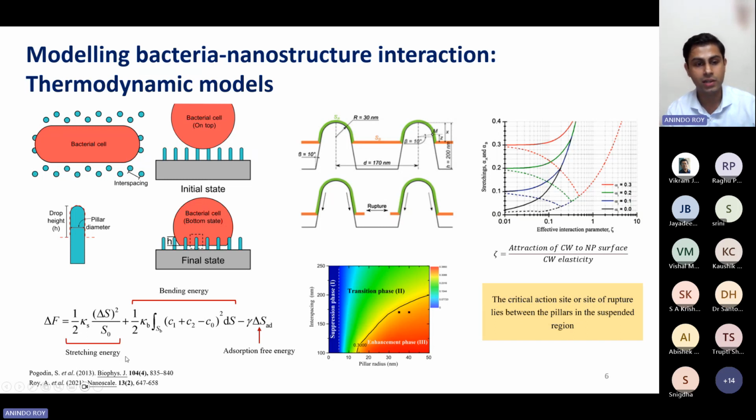So there will be a penalty for the stretching energy and the bending energy, and these stretching and bending processes must be compensated by the decrease in free energy that is afforded by the adsorption of the bacterial cell wall onto the nanopillar surface.